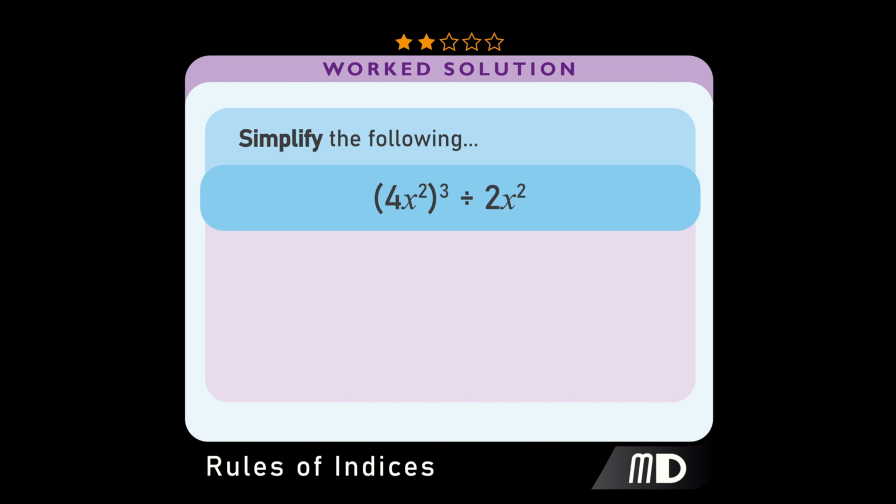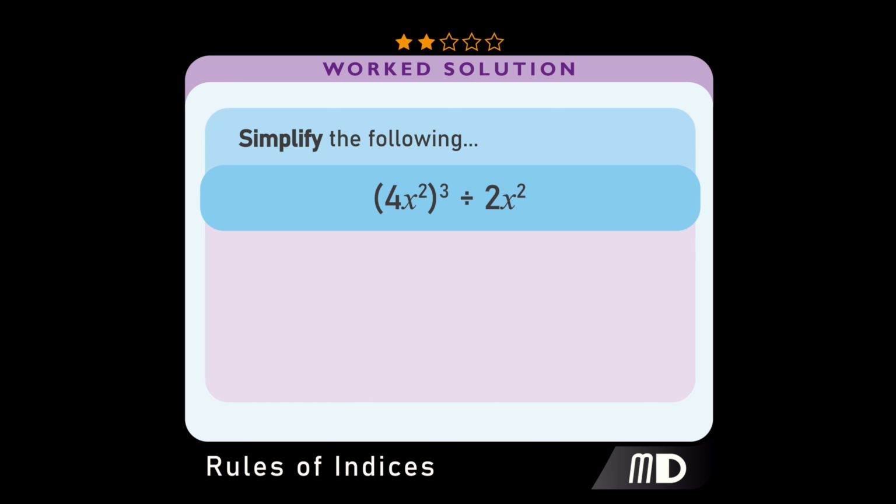The rules of indices, also called the rules of exponents, are a set of rules that govern how to simplify expressions involving powers, or exponents.